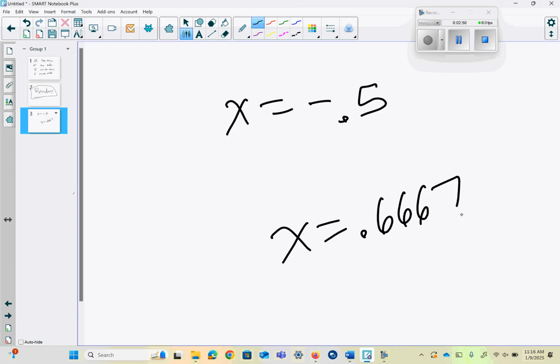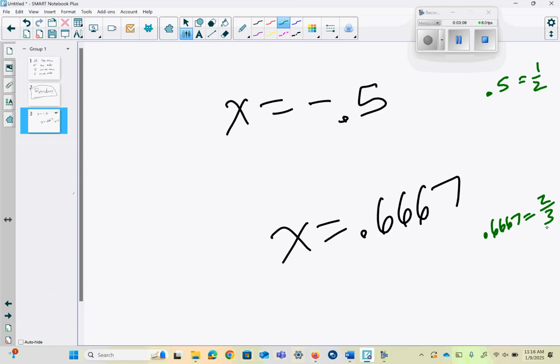We talked about yesterday that 0.5 is the same thing as 1/2. And then 0.6667 is the same thing as 2/3.